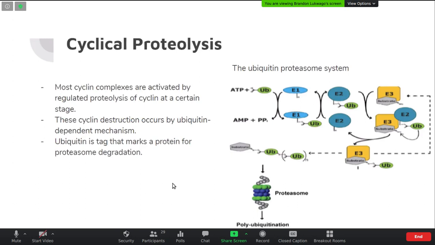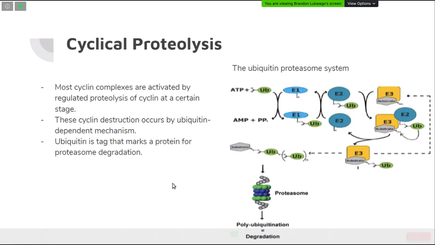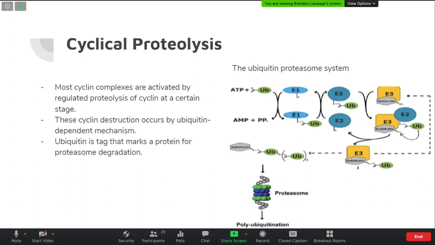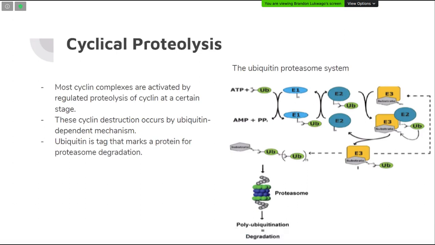So, thank God. I'm going to talk about cyclical proteolysis and how cell cycle control depends on it. Most cyclic components are activated by regulated proteolysis of a cyclin at a certain stage. This cyclin destruction occurs by a ubiquitin-dependent mechanism.